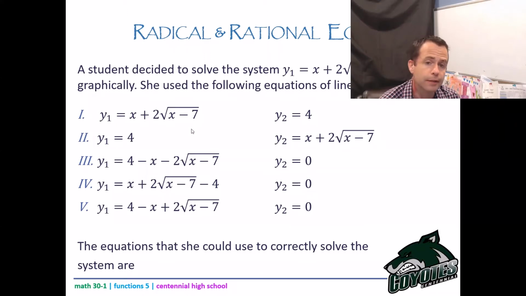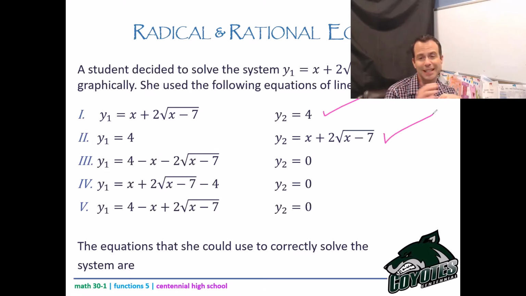In the first one, she went y1 equals x plus 2 root of x minus 7 and y2 equals 4. That's essentially what the question was asking in the first place. That works no problem. In the second one, she went y1 is 4 and y2 is x plus 2 root of x minus 7. That is also okay. It does not matter which one you're calling y1 and which one you're calling y2.